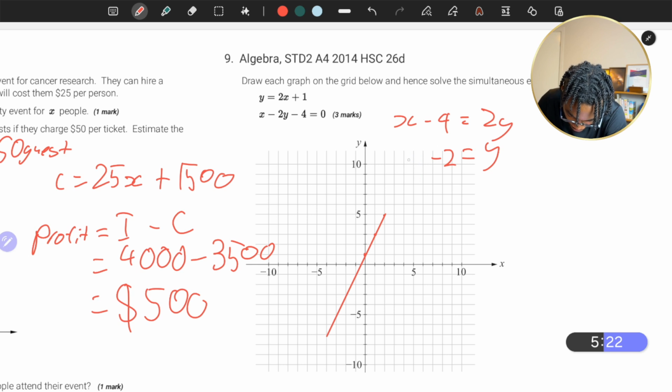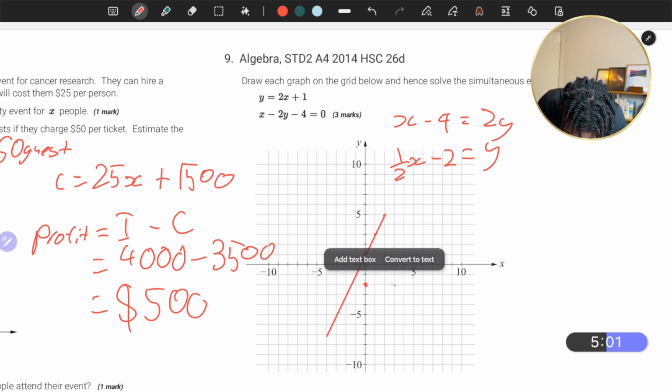We can say y equals 1 over 2x minus 2 as well. Same thing: minus 2 here, and then the gradient goes up 1 across 2, up 1 across 2, down 1 across 2 here.